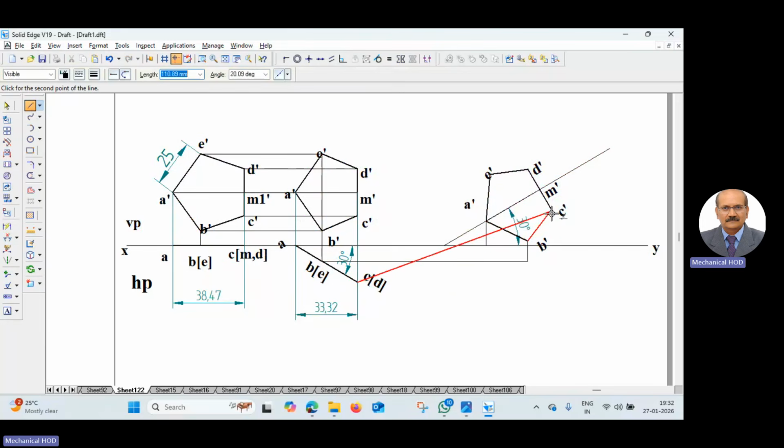This is C dash. This is E dash. This is D dash. Both are coming on the same line here.